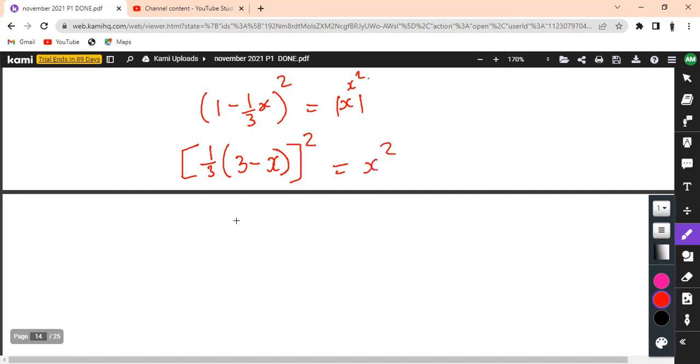Now we can expand the brackets. That's 1/3 to the exponent of 2, which is 1/9, times (3 minus x) to the exponent of 2, which is equal to x squared.